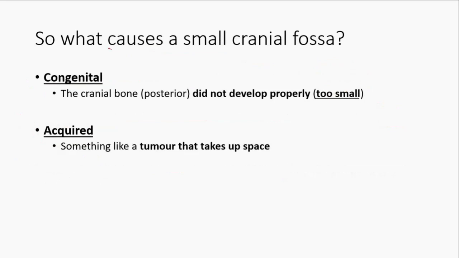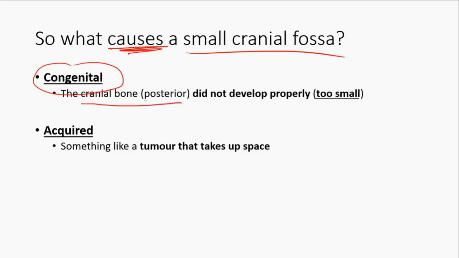Okay, so what is causing the small cranial fossa? Why is there a small cranial fossa? So remember we said that it could be something that's congenital. It can be something that you're born with. So in other words, the cranial bone, that posterior aspect of the skull, did not develop properly, so it was too small, and that's what's causing the compression of the cerebellum or maybe the brainstem.